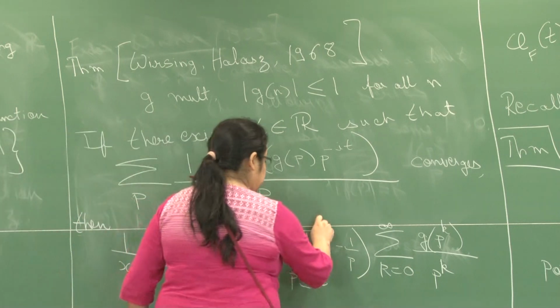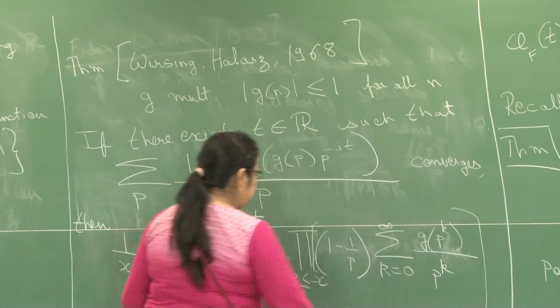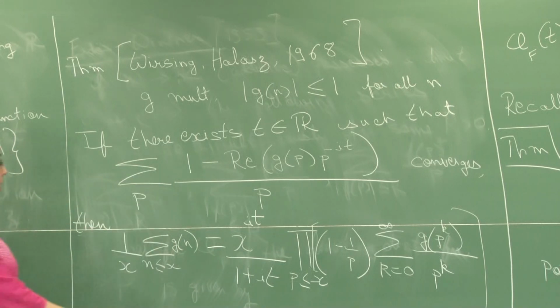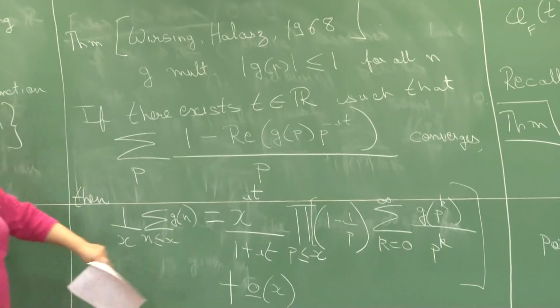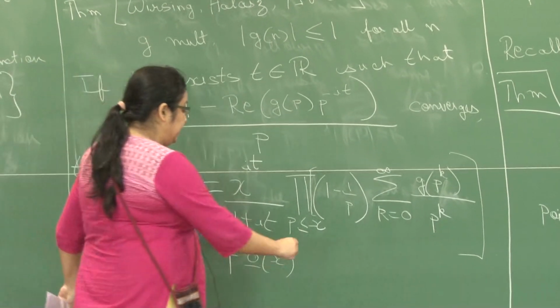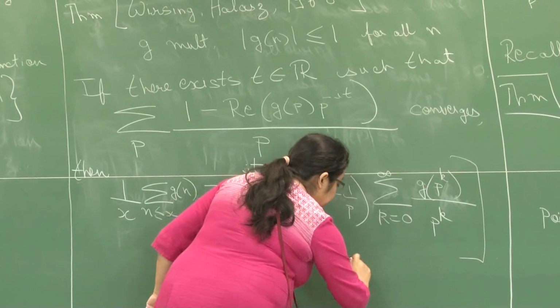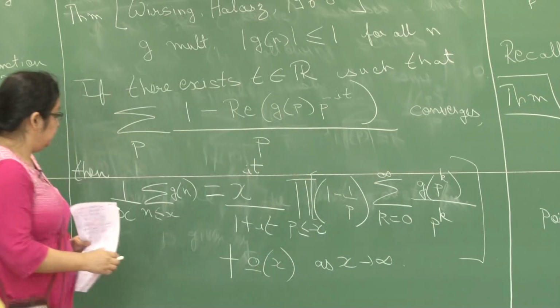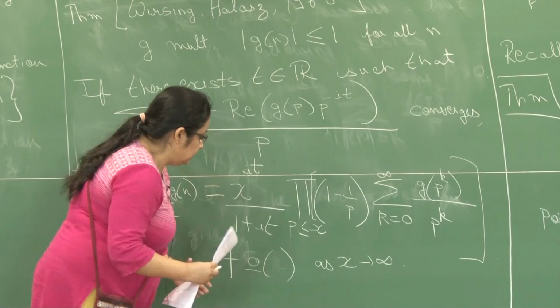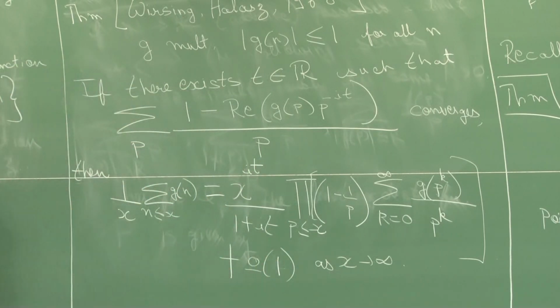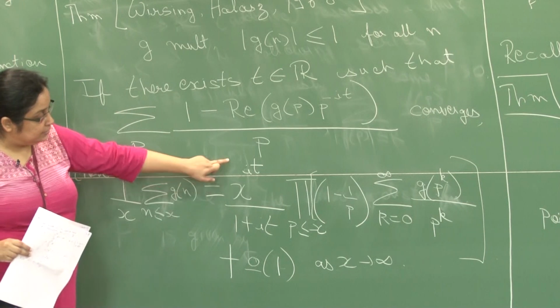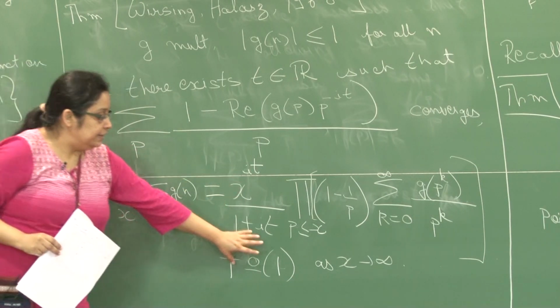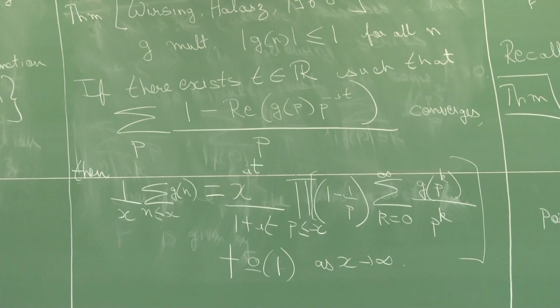Okay, this is the main term plus an error term which goes to 0. It is little o of 1 as x goes to infinity. Okay. In other words, as x goes to infinity, this function is asymptotic to this complex looking function. This error term just goes away asymptotically.